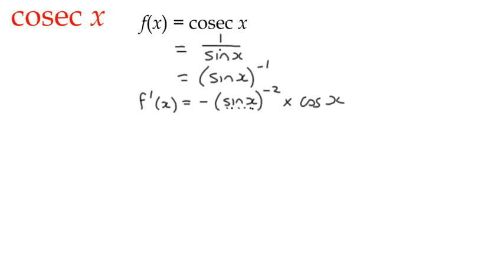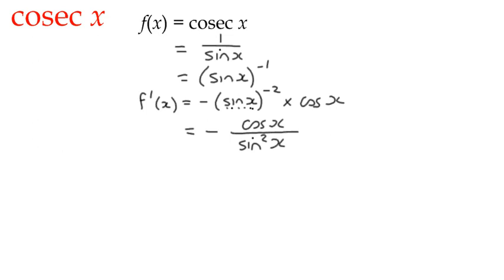It's very similar to the way we did the last one. Overall, the result will be negative this time. We've got cos x in the numerator, and this time it's sine squared x on the denominator.